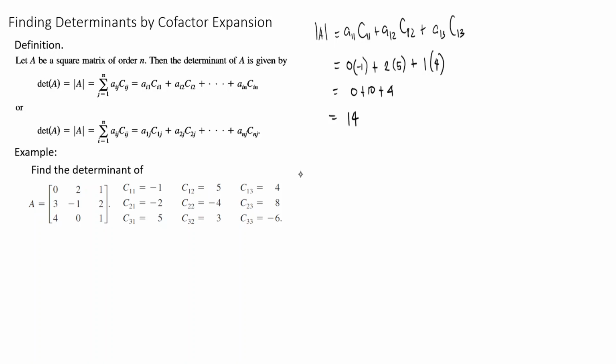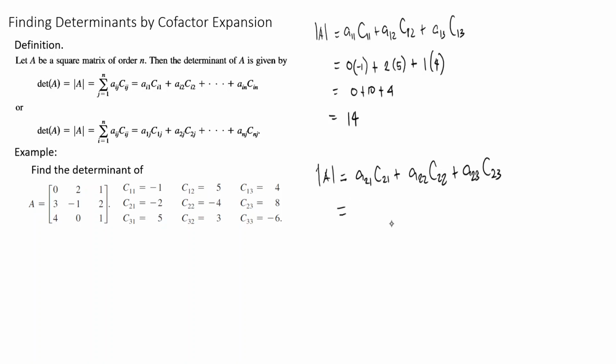Note that we can find the determinant by expanding any row or column. For instance, in this same example, instead of expanding the first row, we can expand, say, the second row, so that the determinant of A equals A21 C21 plus A22 C22 plus A23 times C sub 23.